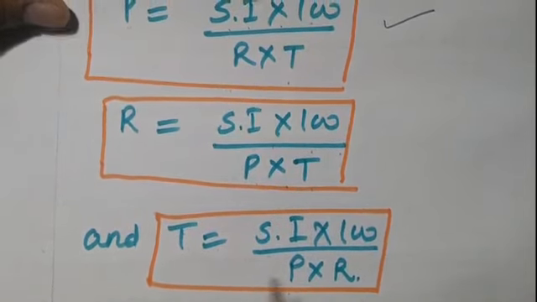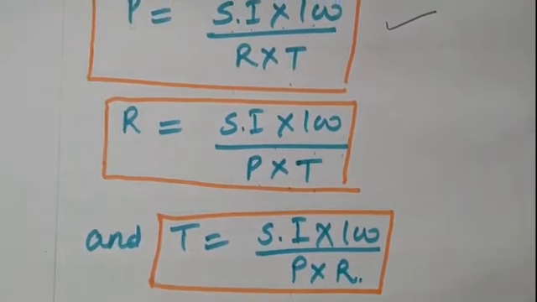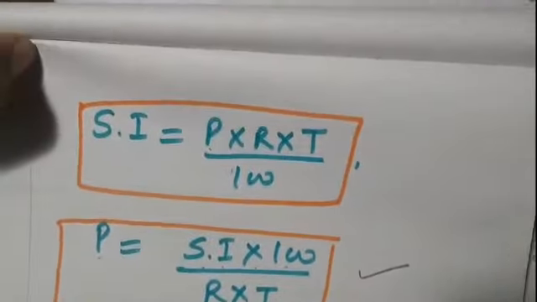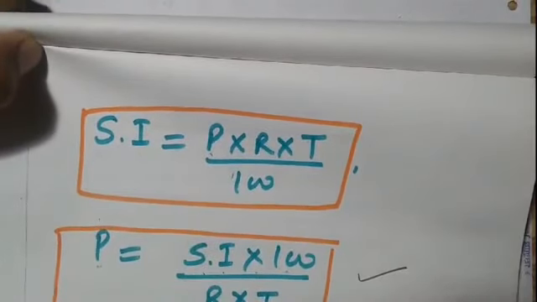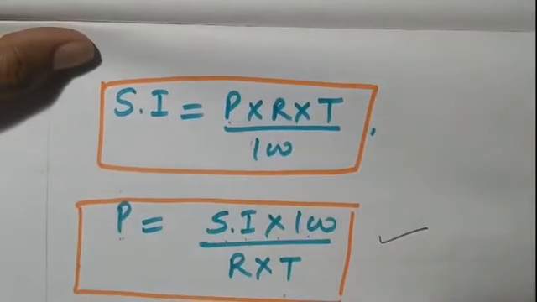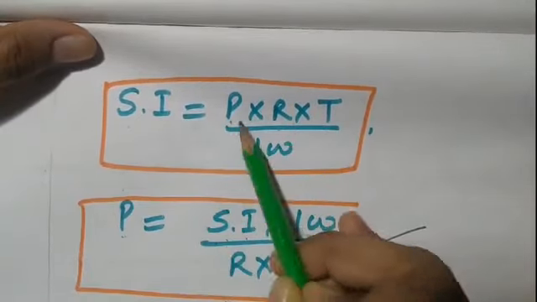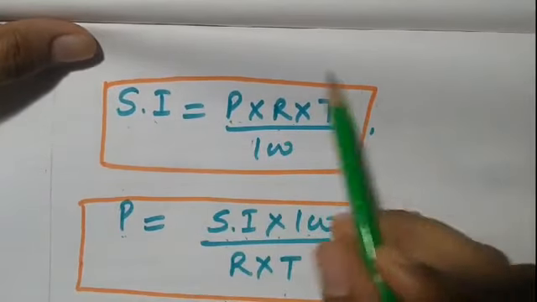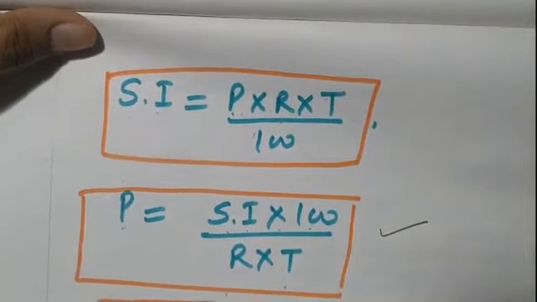So if any three of the quantities are given, you can find the fourth quantity, because the formula for simple interest has four quantities: simple interest, P, R and T, 1, 2, 3, 4. If you are given any three, you can find the fourth one using these formulas.